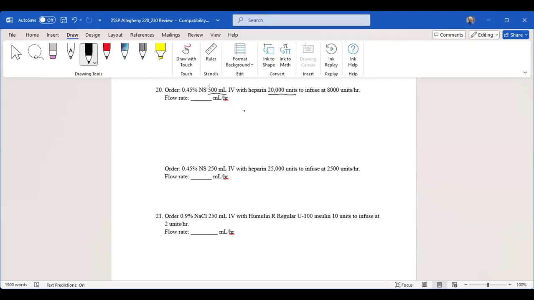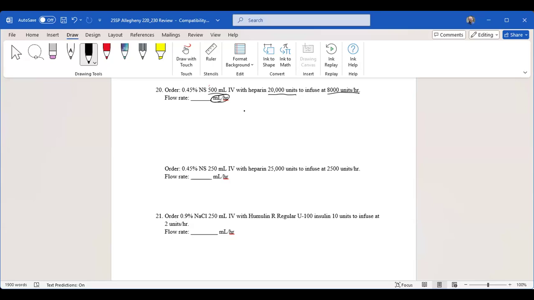It's infusing at 8,000 units per hour, but they want you to convert units per hour to milliliters per hour. This is helpful because this is part of what you'll be doing in the heparin protocol. I call these little workup steps. Once we get to this, we'll be fine. This will be a repeat question, so I'll probably have you work through this on your own after we model this first one.